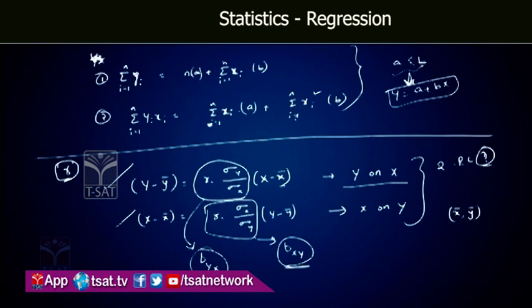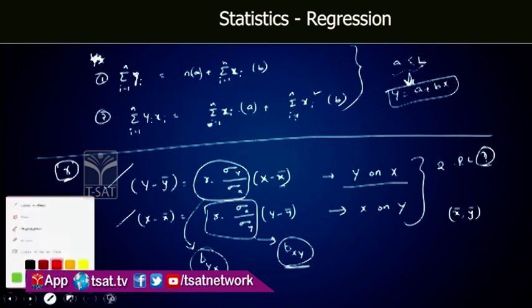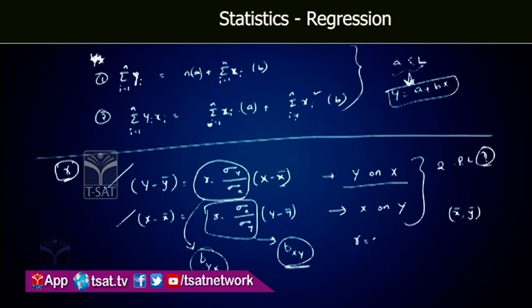Now, when r is equal to 1 or r is equal to minus 1, the two regression lines will coincide.